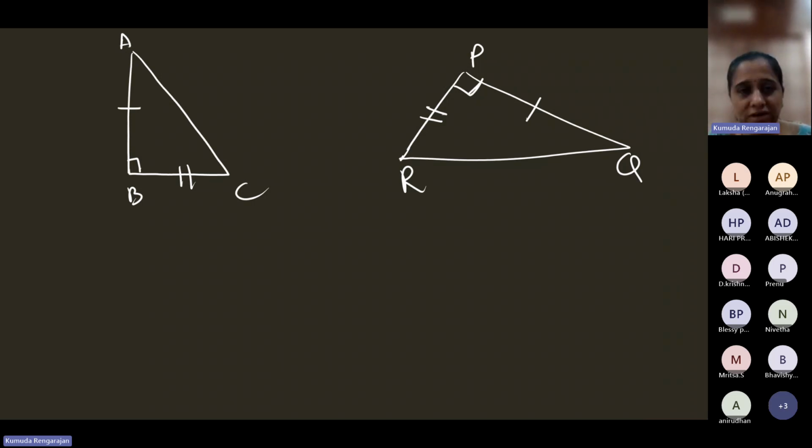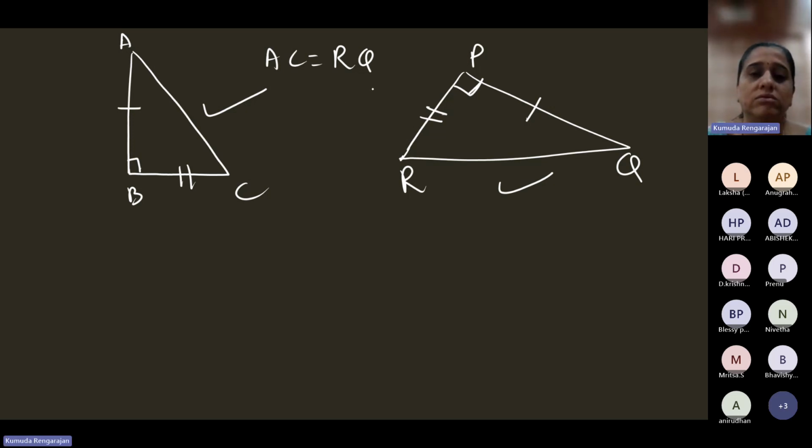So based on the given information, it's not given that the hypotenuse AC is equal to the hypotenuse RQ. AC is the hypotenuse because it's opposite to the right angle. Here, opposite to the right angle is RQ. So it's not given that AC equals RQ.